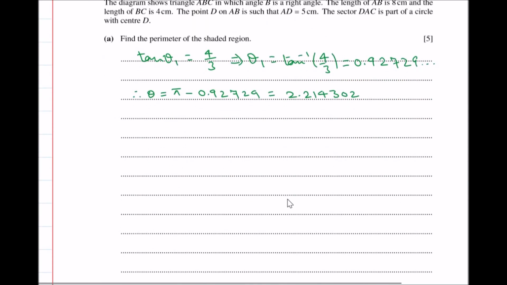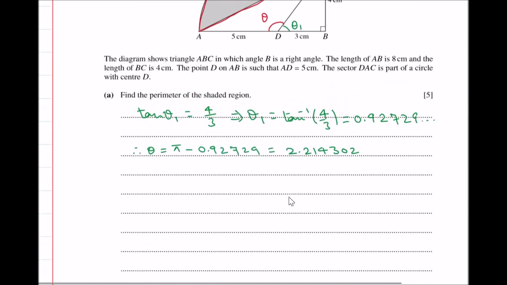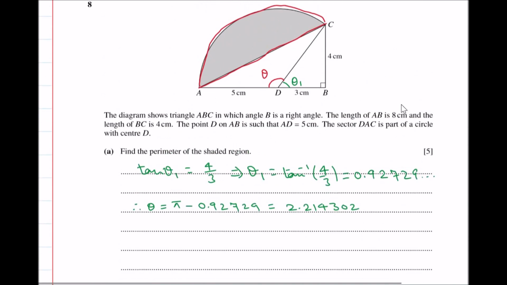Now we need to find the arc length. For arc length, what is the formula? Arc length AC we can find by using the formula r theta. R is how much? It's given here. AD, which is 5 centimeters. So this is the radius. Okay. So let's find arc AC.